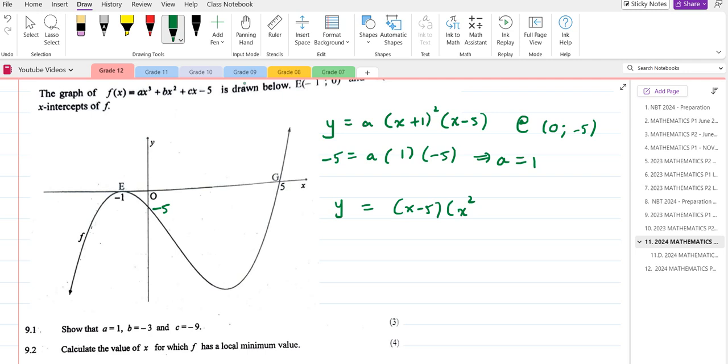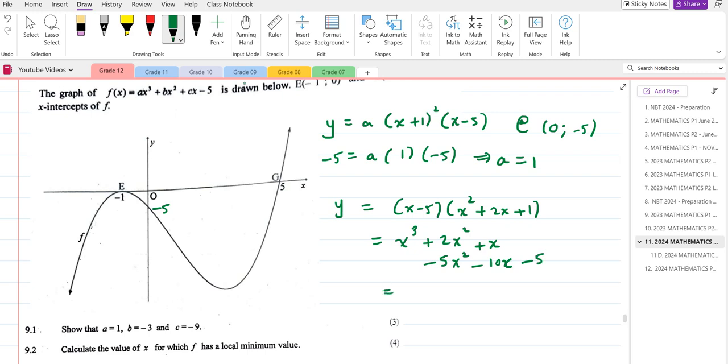Open this up: plus 2x plus 1. Now take the x inside. We get x cubed plus 2x squared plus x, then minus 5x squared minus 10x minus 5.